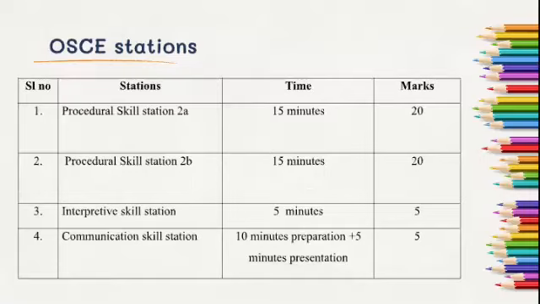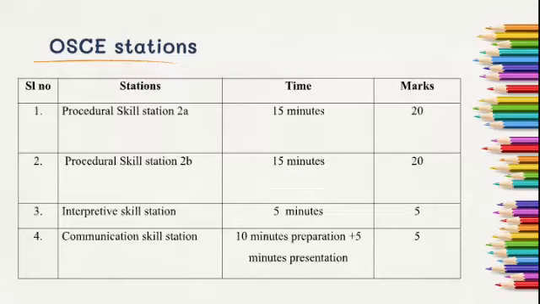And the next station is of different types, that is there are 2 procedure skill stations, that is 2A and 2B. So after your cognitive skill station, you will be moving on to a procedure skill station. There are 2 procedure skill stations. So one will be witnessed by the external faculty and the other will be guided by the internal faculty.